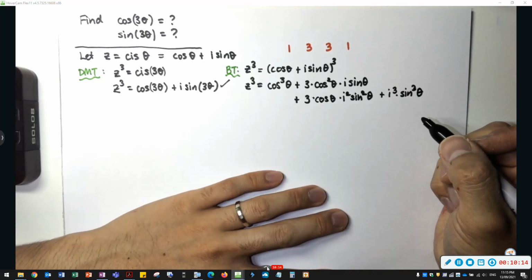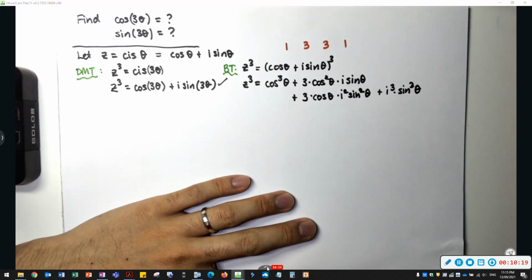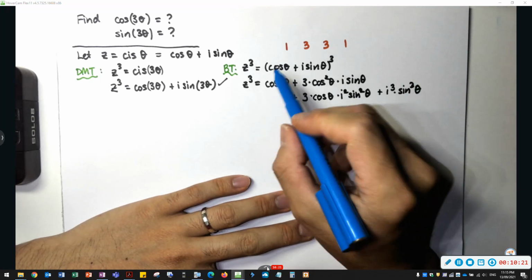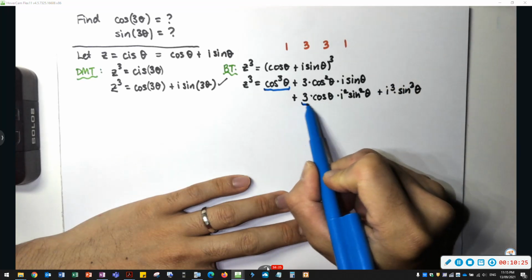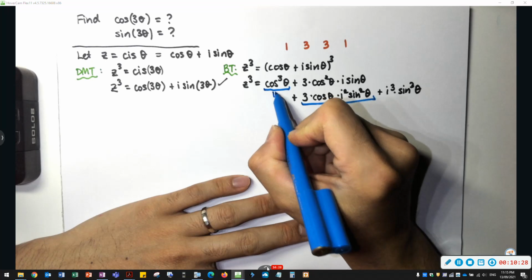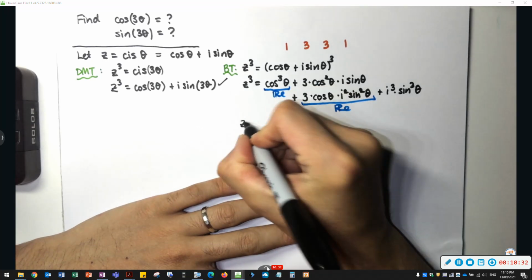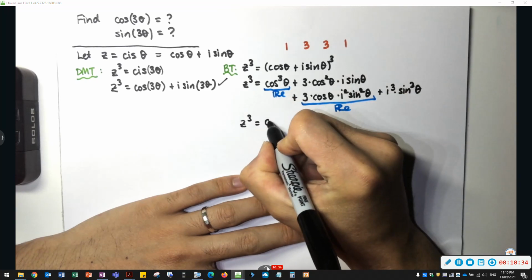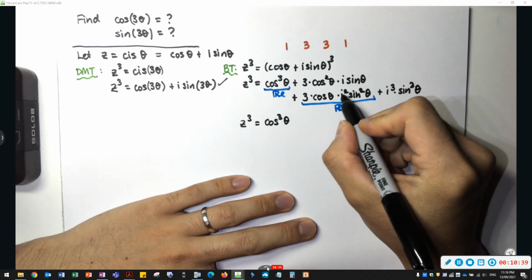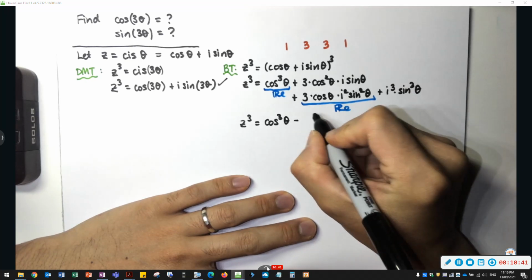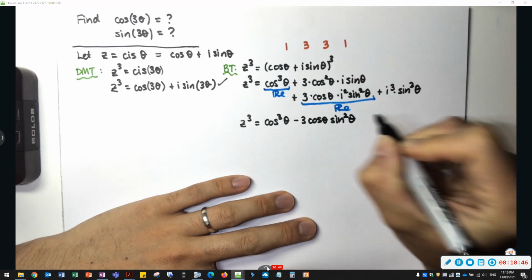Okay, so we need to identify which parts are the real parts. So any even amounts of i are going to be real. So there's a real part there, and this part is real also. So z cubed equals cos cubed theta, and this will be minus, because the i squared will turn into a subtract, 3 cos theta sine squared theta.